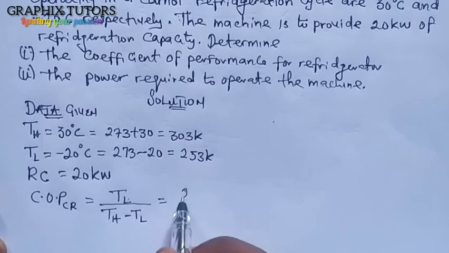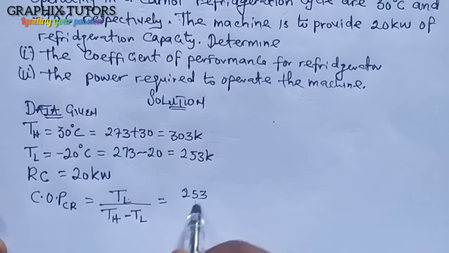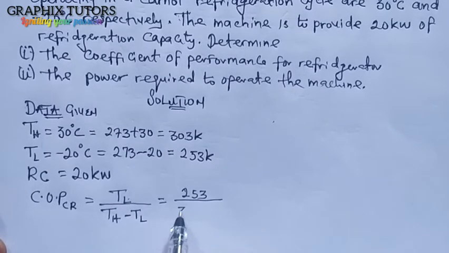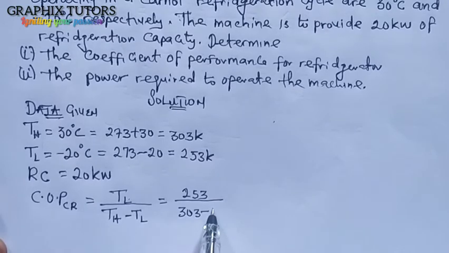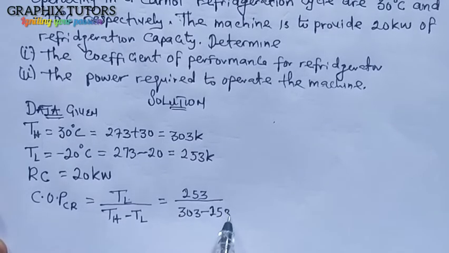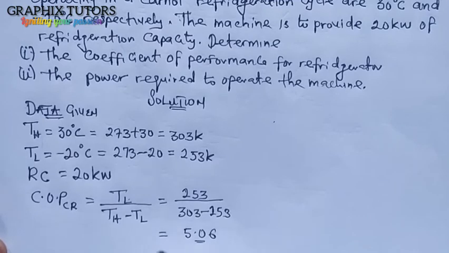TL is 253, all over TH is 303 minus 253. Right? And this will now give me, what do we have? It gives us 5.06. COP doesn't have any units.